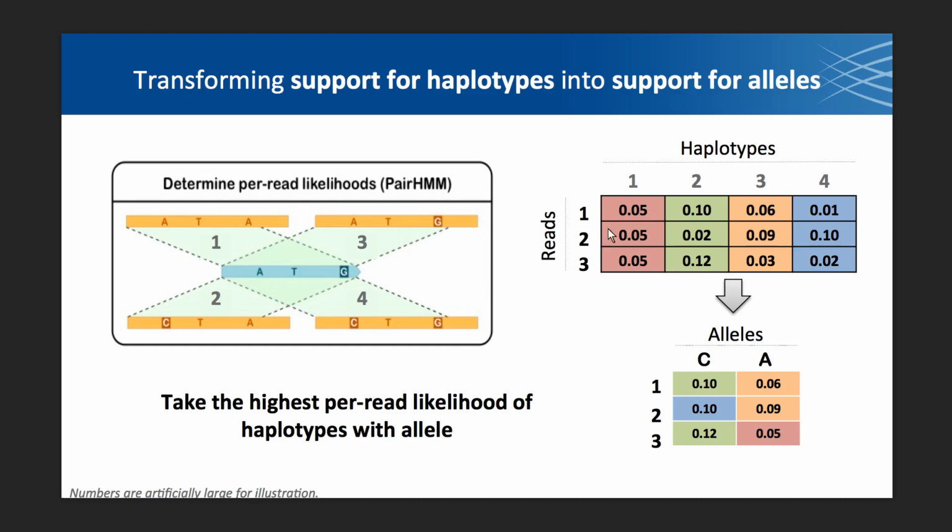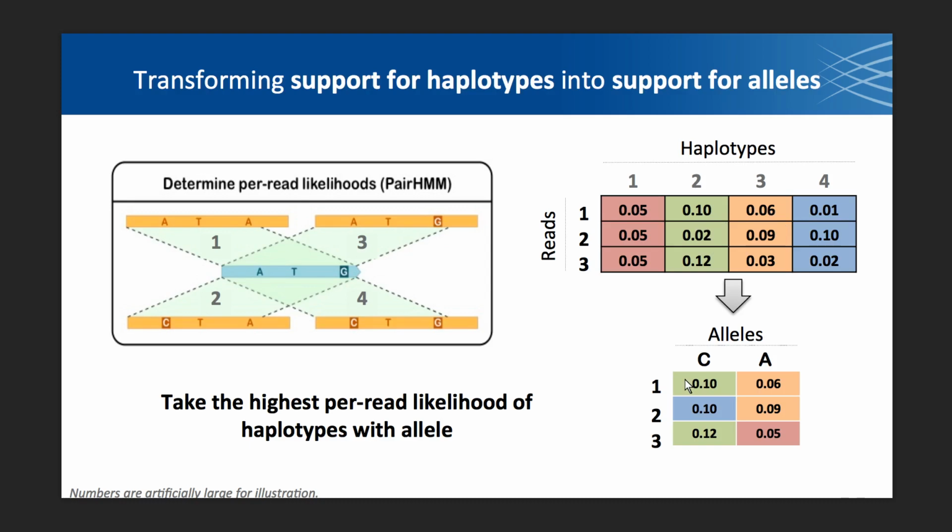So for example, for read 1 across the first row, if we look at the C allele, the C is featured in haplotype 2 and haplotype 4. So we're going to look at the best values from haplotype 2 and haplotype 4, and it's 0.1 from 2. So we copy that value over. It's encoded in green, so you remember which haplotype it came from.